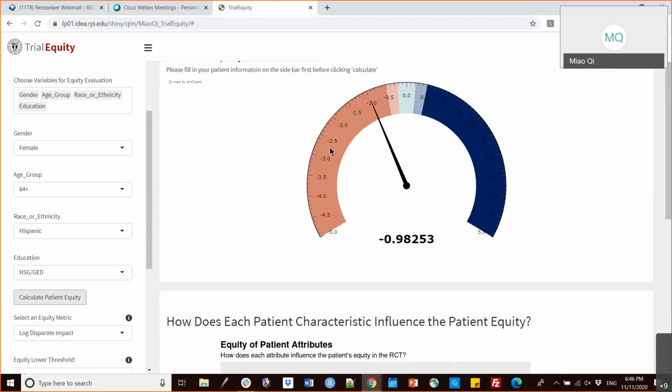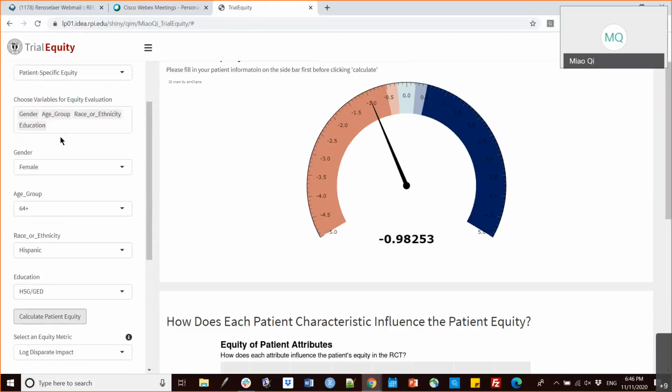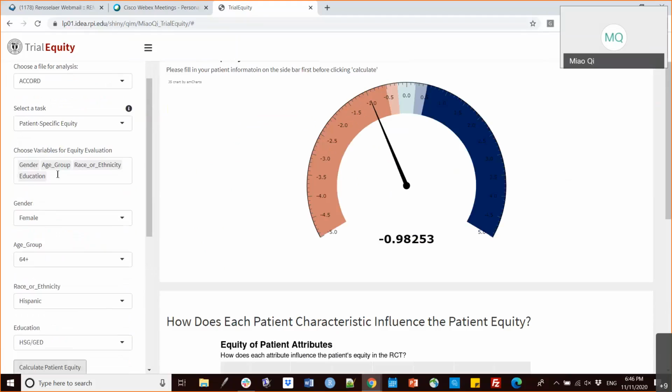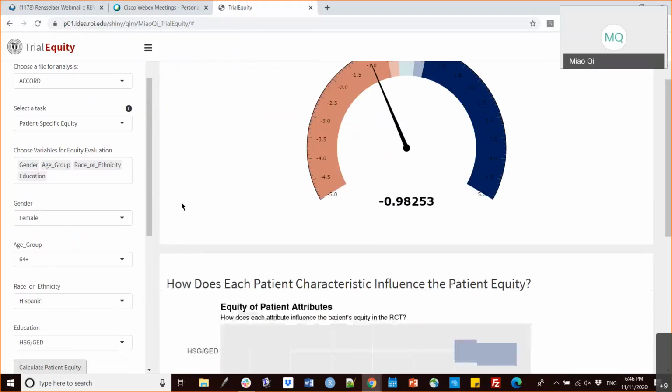Now you can see very clearly that this patient actually falls into the highly underrepresented subgroup. So based on this, the physician may think that this study I used here, called ACCORD, for type 2 diabetes, may not be very suitable for this individual patient.